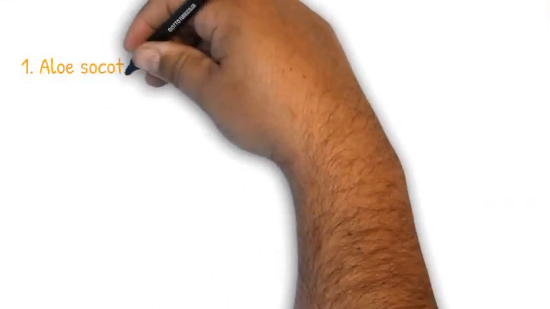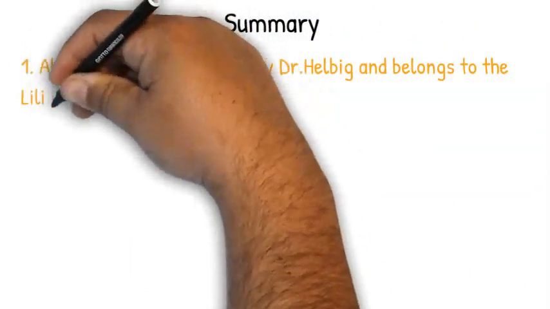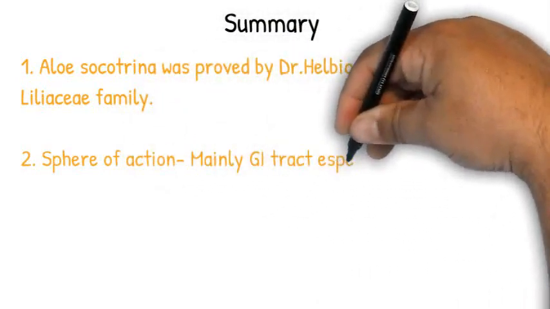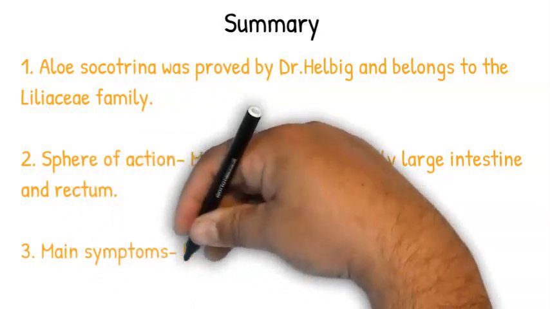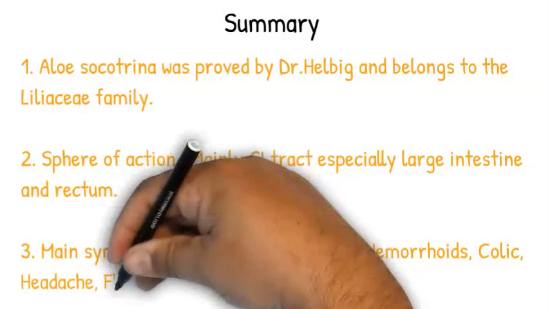And to summarize the things, Aloe socotrina was proved by Dr. Helbig and belongs to the family Liliaceae. The sphere of action is mainly the GI tract, especially the large intestine and rectum. Diarrhea, dysentery, hemorrhoids, colic, headache, flatulency are the main symptoms.